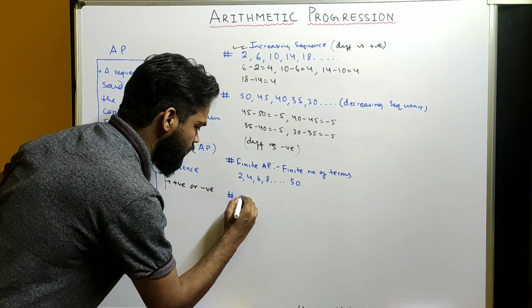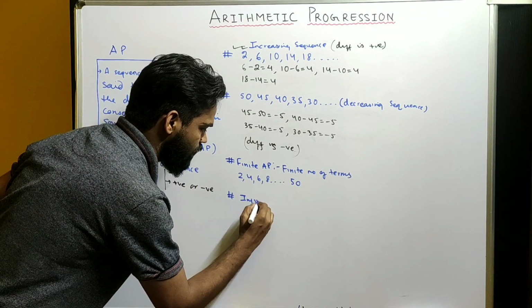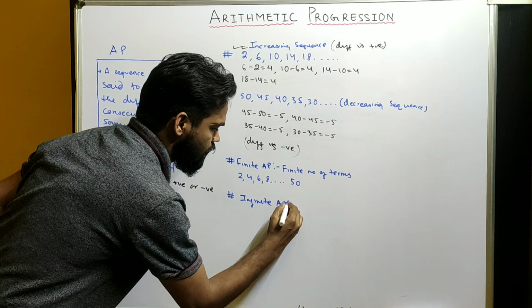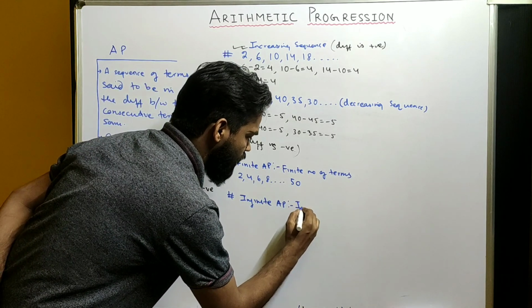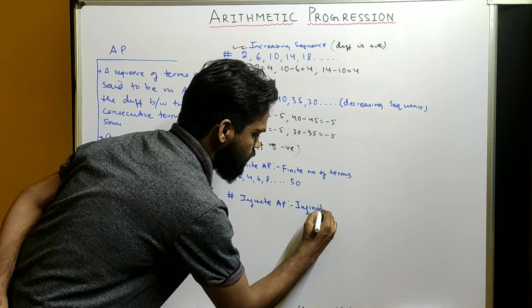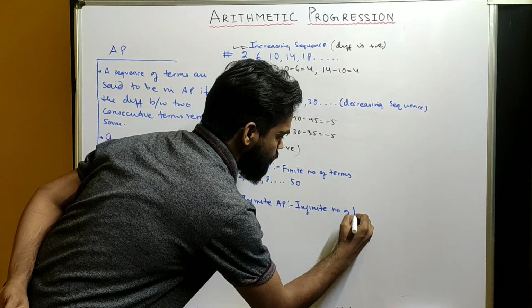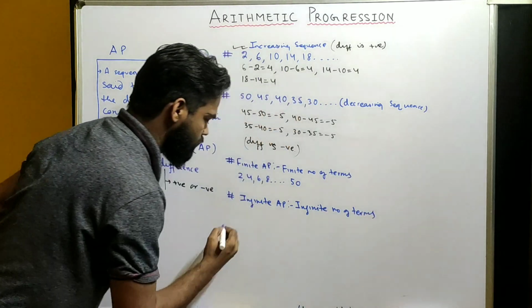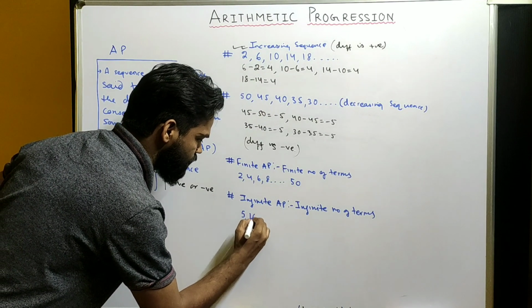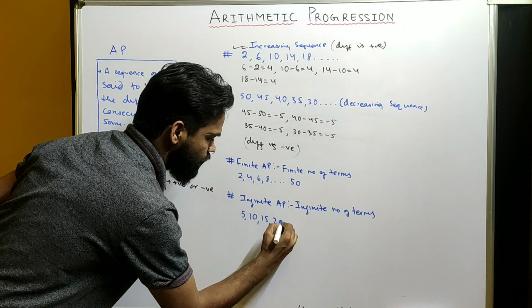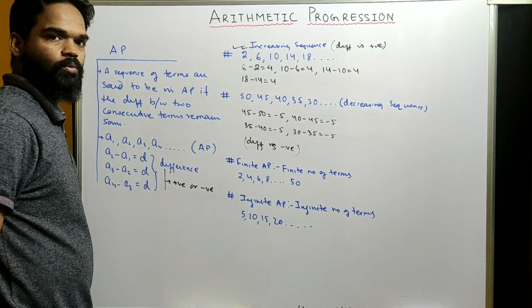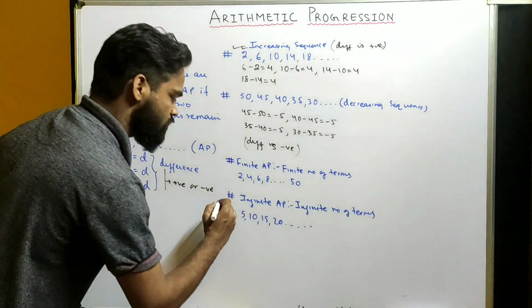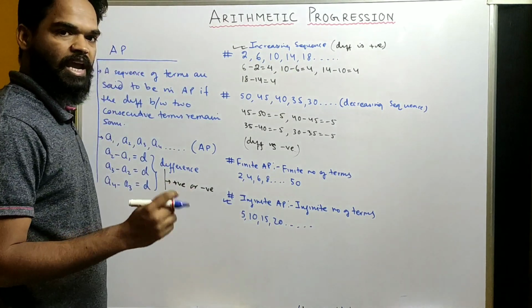If we talk about infinite AP, it contains infinite number of terms. For example, if I say 5, 10, 15, 20, and so on, we don't know what is the last term. So this is your infinite AP.